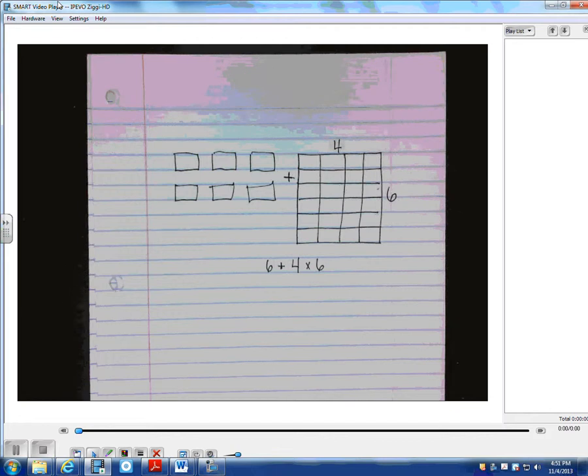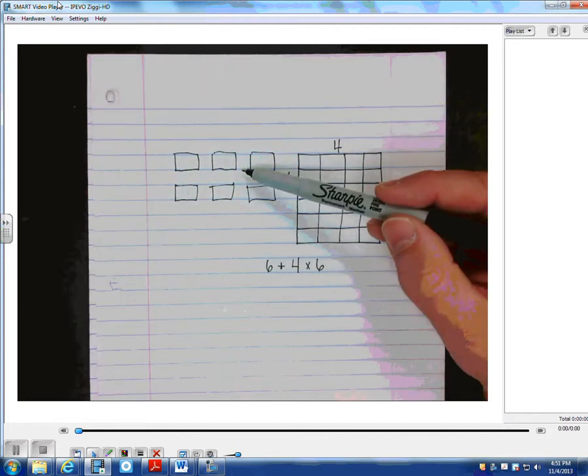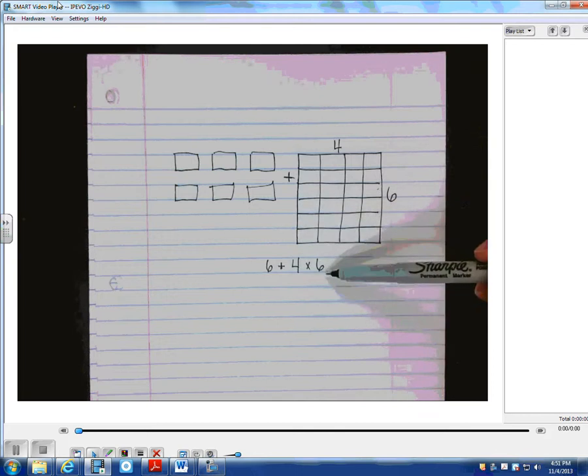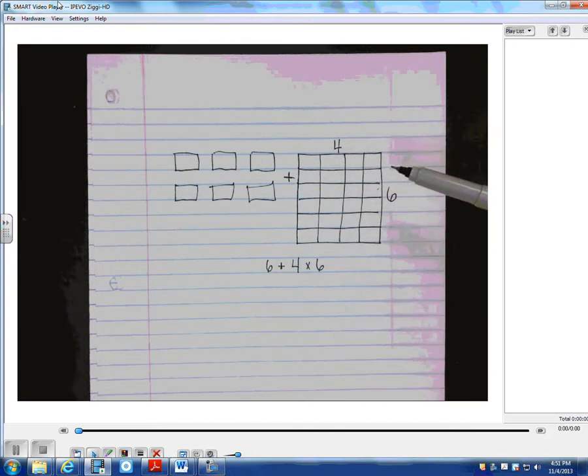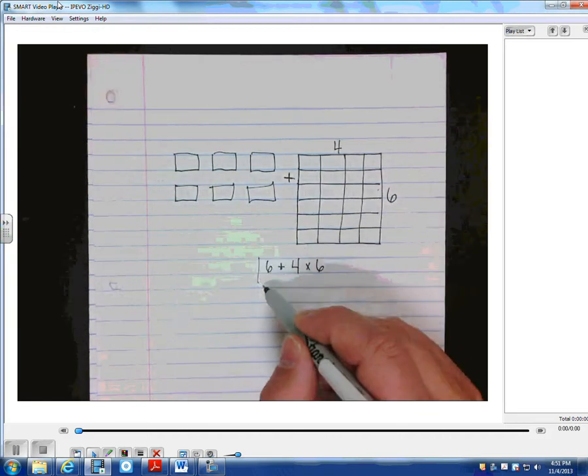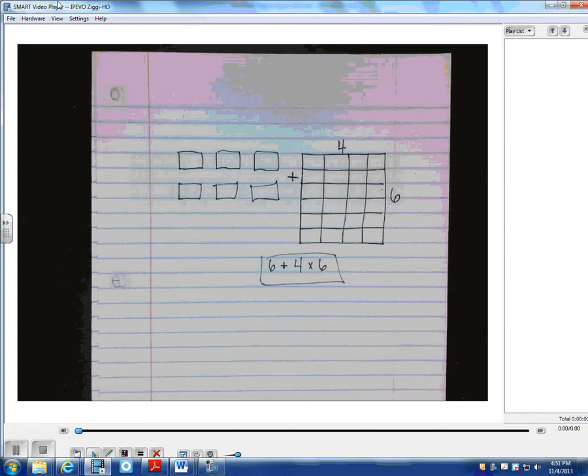Okay, so I have 6 plus 4 times 6. And on the back, you're going to have one just like this. So number 11 is just like this problem. So you're going to solve it the exact same way. So your answer for number 1 is 4 plus 4 times 6.